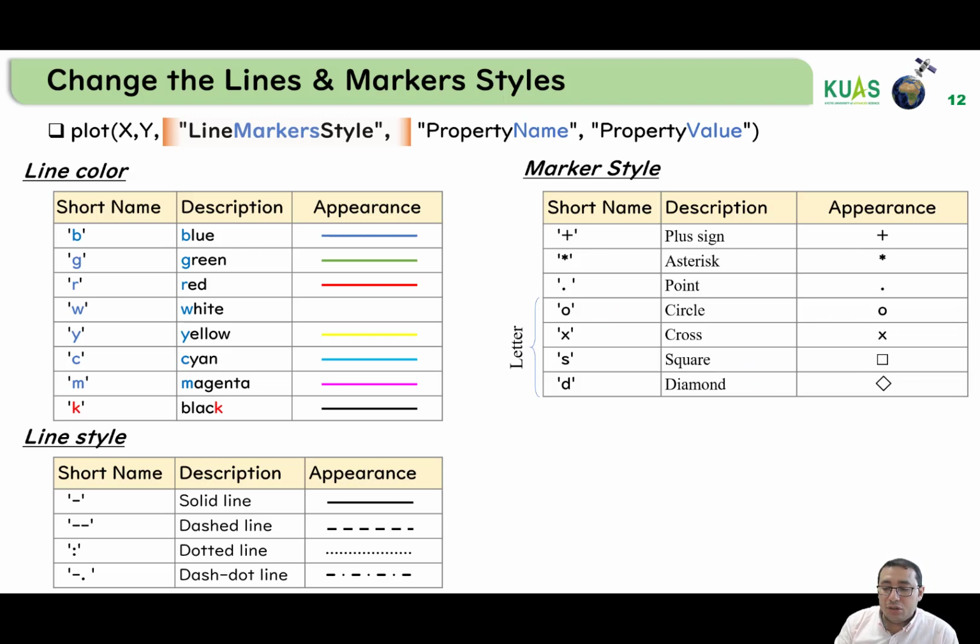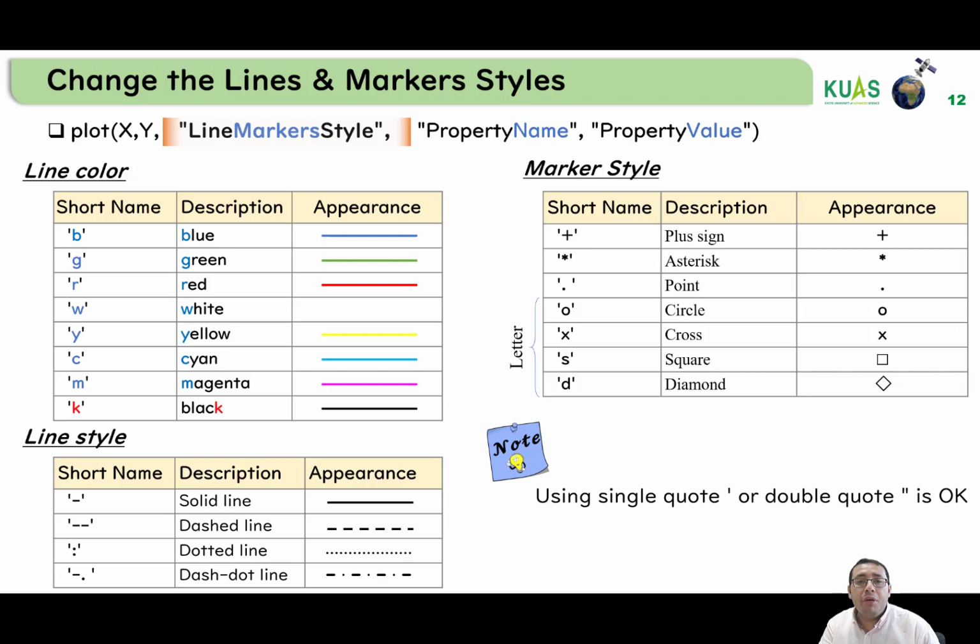So for these four, the circle, the cross, the square, the diamond, we are going to use the letter. But for the dot and for the asterisk and for the plus, we are going to use the same symbol, like the asterisk or plus or dot. And a very important note: for all the short names, we see here that the short name is put between single quotes.